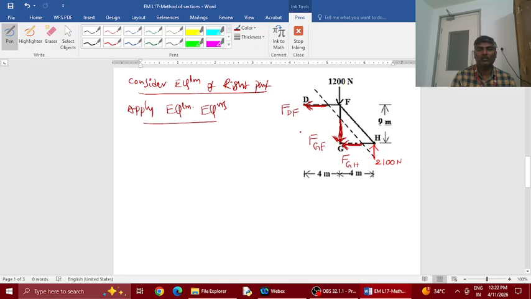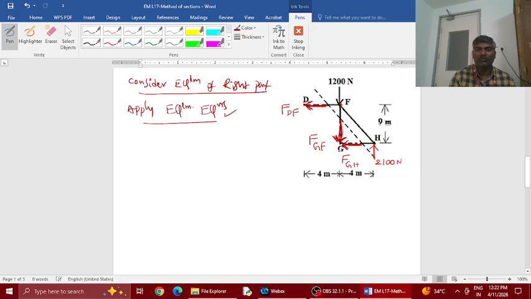Choose a moment center. We are trying to apply the moment equilibrium equation. I mostly use moment equilibrium equations wherever possible. Now you look for a point where two unknown forces are meeting. Like this unknown force and this unknown force are meeting at F. This is possible.